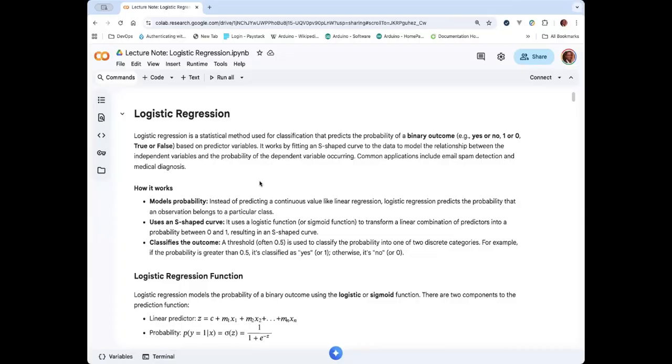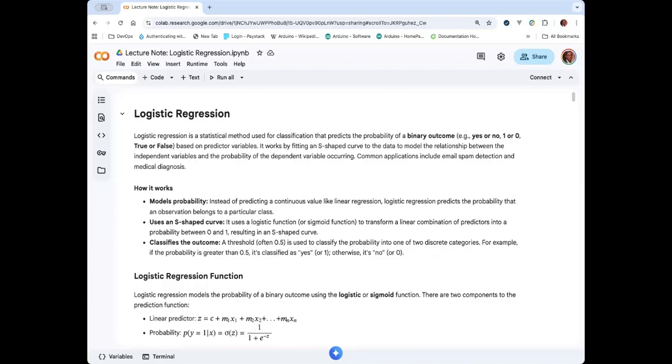It's not actually telling you it is true or false, or it is one or zero, but it's telling you that the probability of it being true is 0.9 or 0.99. So the higher the probability, the more likely it is that it is that. And the lower the probability, the more likely that it is zero or false. Okay. So it models probability, it uses an S-shaped curve.